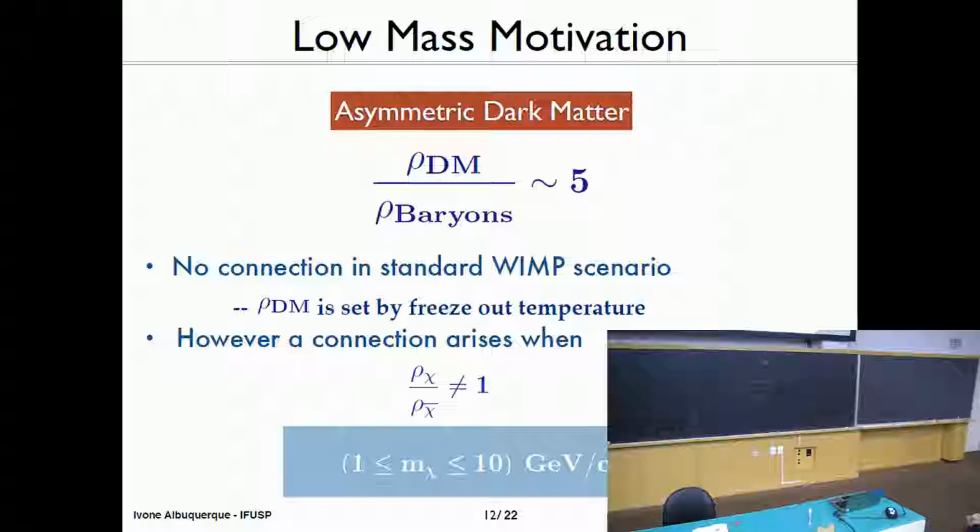However, there are many theoretical models showing that in asymmetric dark matter, where the mass of the anti-dark matter particle is not the same as the dark matter particle, there is a connection that leads to this number. And for this, most of the dark matter particle masses will fall between 1 and 10 GeV.